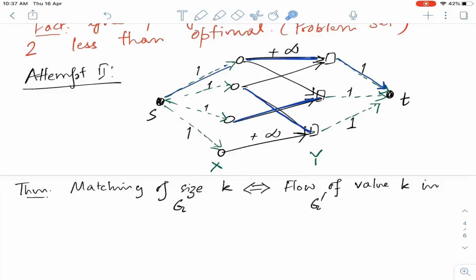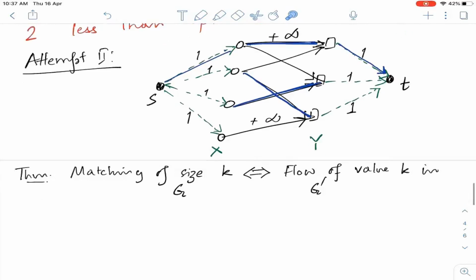How about the other direction? Well, suppose you have a flow of value k which is going between S and T. Now, we know that by the integrality of flow, every edge will have a flow value which is an integer. So every edge carrying flow will have a value of at least 1.